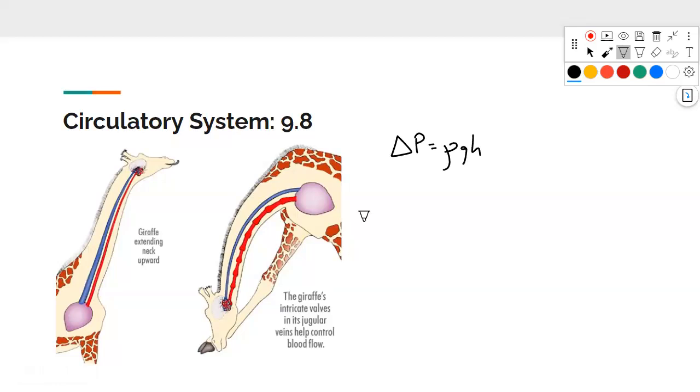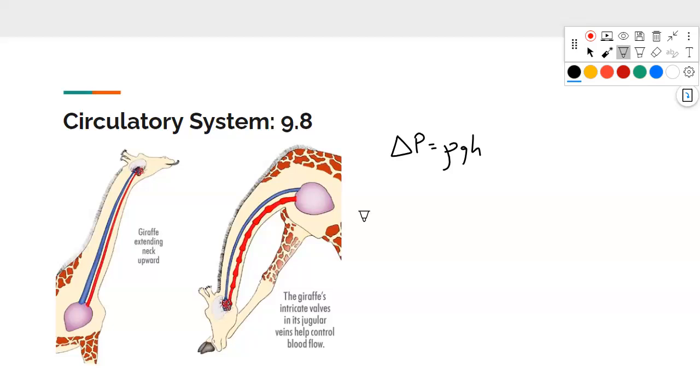So even without viscous fluid effects, we're going to have some higher pressure at the heart than we would have at the head of the giraffe, just due to the fact that you're trying to push the fluid up the neck. And so it turns out giraffe hearts, unsurprisingly, are very strong pumps, and they have significantly higher blood pressure than humans in order to have enough blood reach the brain.